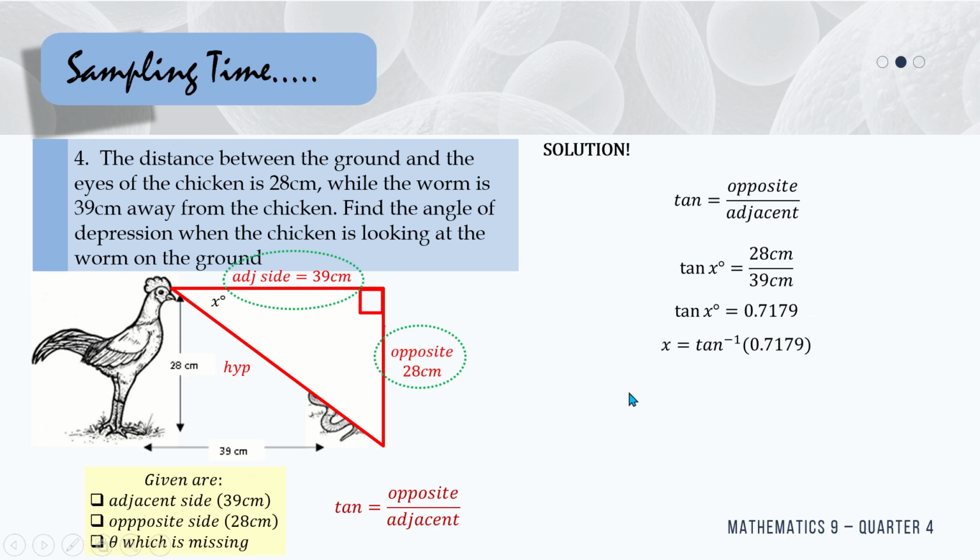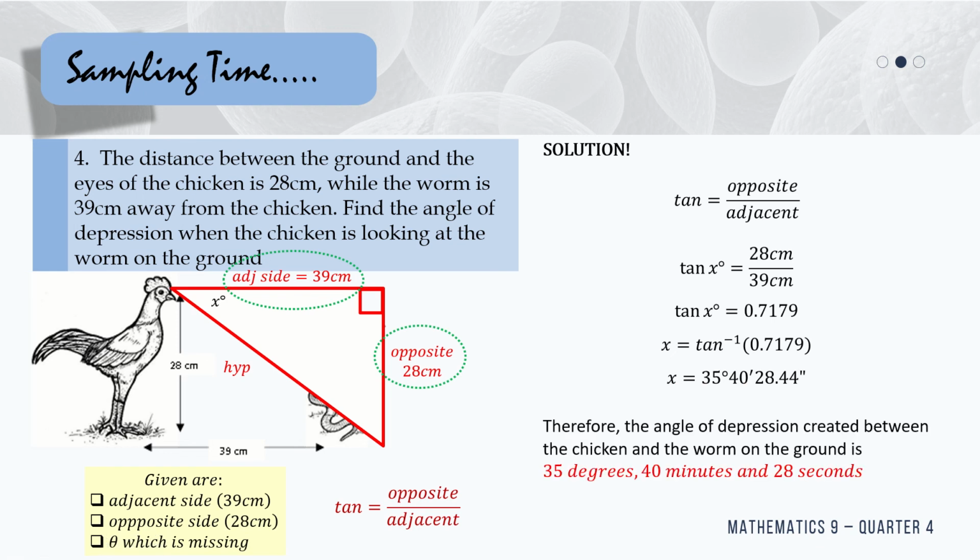Then pinduton nimo ang given number in decimal, shift tangent 0.7179. Then magawas na siya ang whole number then decimal. So di pa siya final answer. Pinduton pa nimo ang degree, minute, second nga button. Naa pa na siya sa scientific calculator. So magawas 35 degrees, 40 minutes, 28.44 seconds.